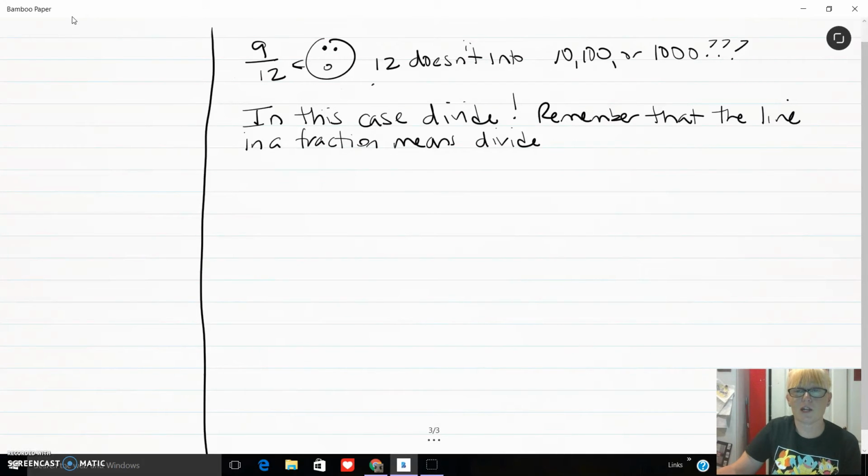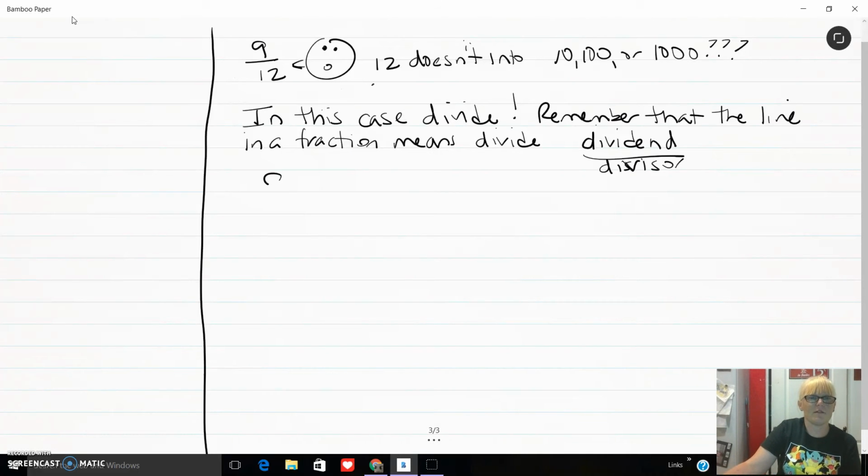So the numerator is actually the dividend, sorry, goes inside the house. Top number goes inside the house. Bottom number goes outside the house. So I've got 9/12. I'm going to flip it over and go 12 into 9, which I can't do evenly, but we're going to try. Can 12 go into 9?